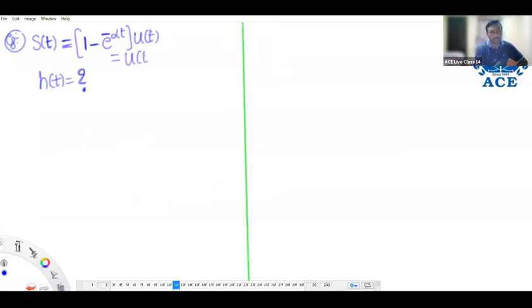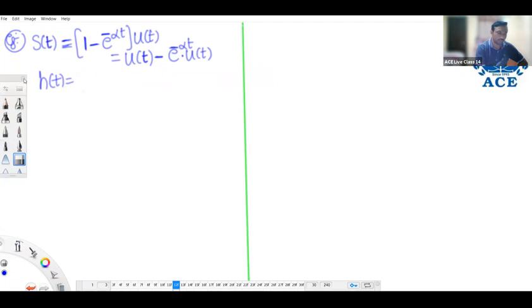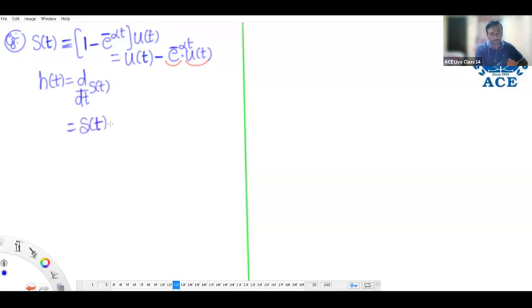Actually, this is like u of t minus e power minus alpha t u of t. We know differentiation of the step response is the impulse response. Here we should apply the UV rule. d by dt of S of t. What is the differentiation of the step? Impulse, minus: first time, what is the differentiation of the exponential? Minus alpha e power minus alpha t u of t, plus e power minus alpha t as it is.